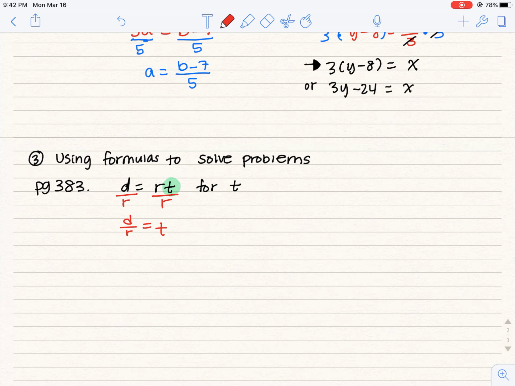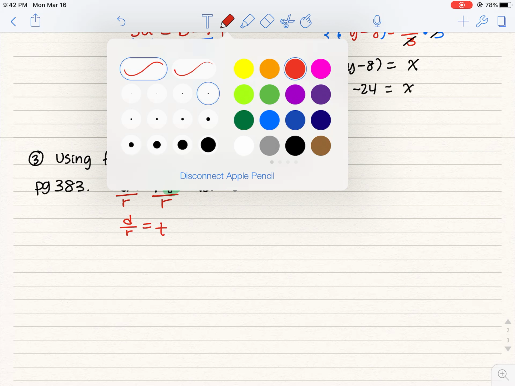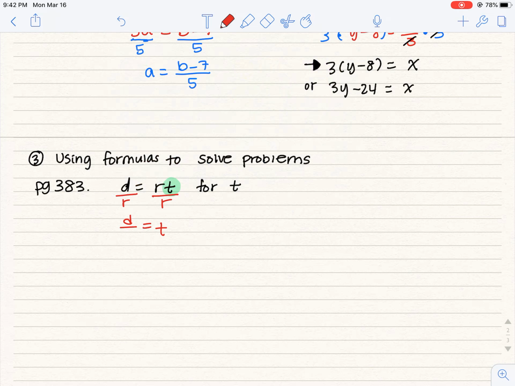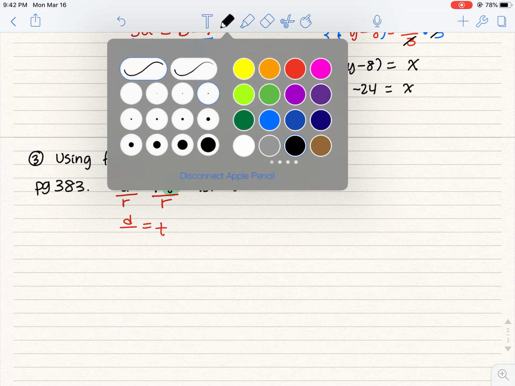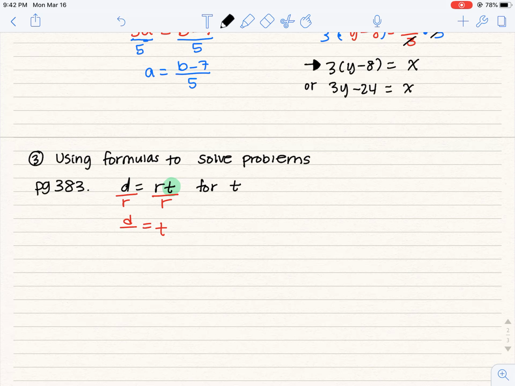So once I establish that, I can go ahead and plug in our information. Our information was distance was 425 miles and rate was 50 miles per hour.